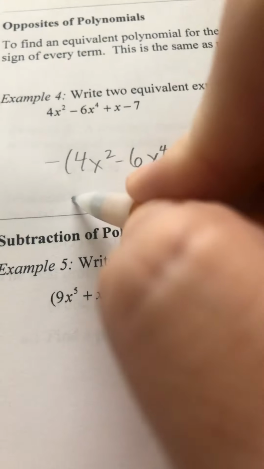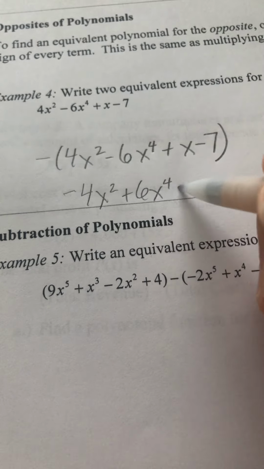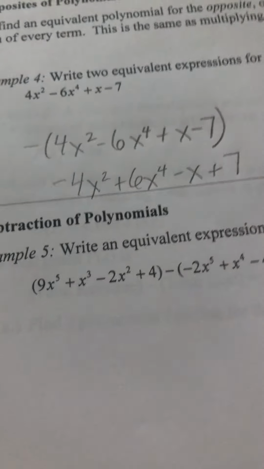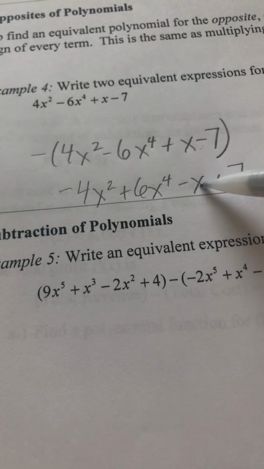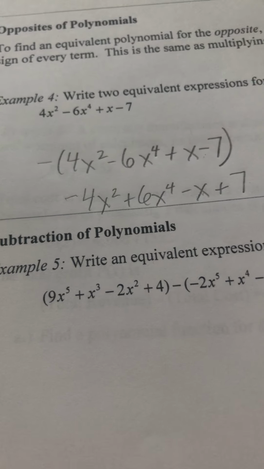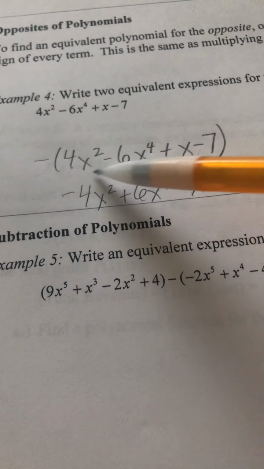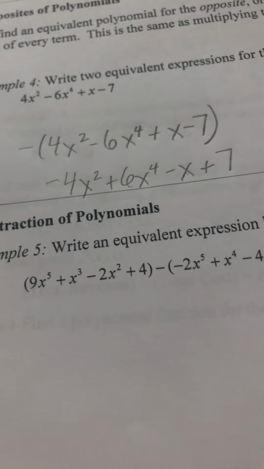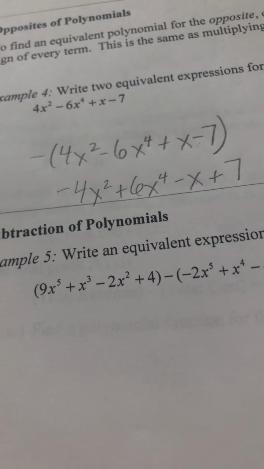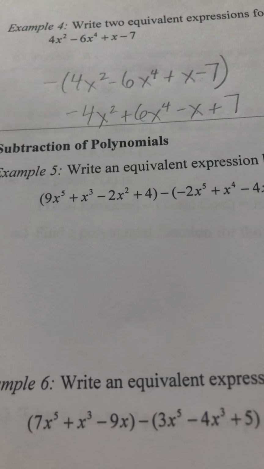So it would look like this. These are equivalent expressions, okay? They mean exactly the same thing. So you could have minus and parentheses around the whole thing, or you could have every term the opposite sign.